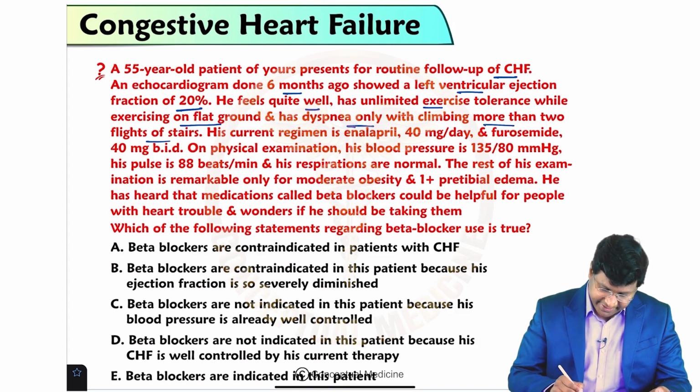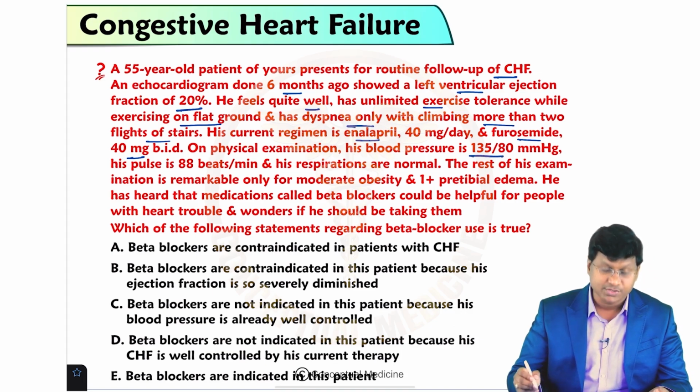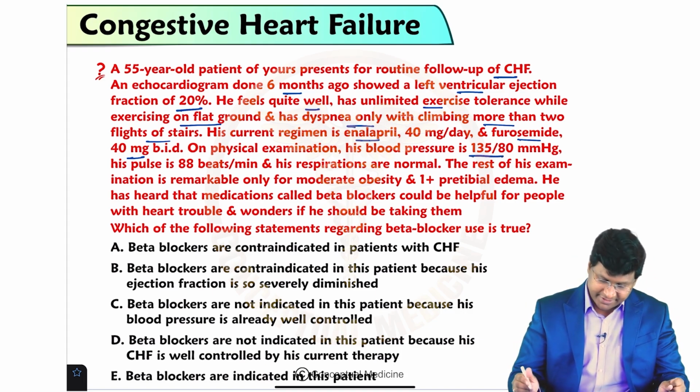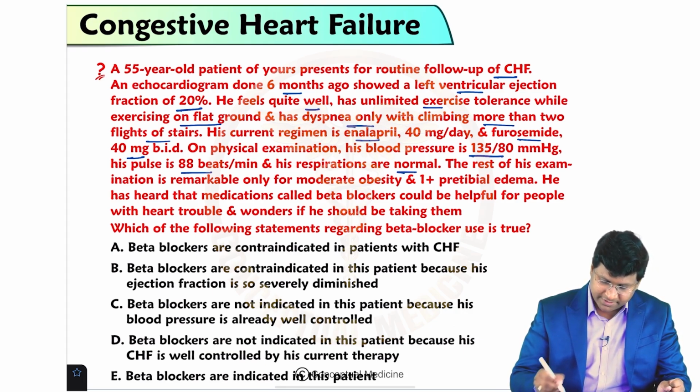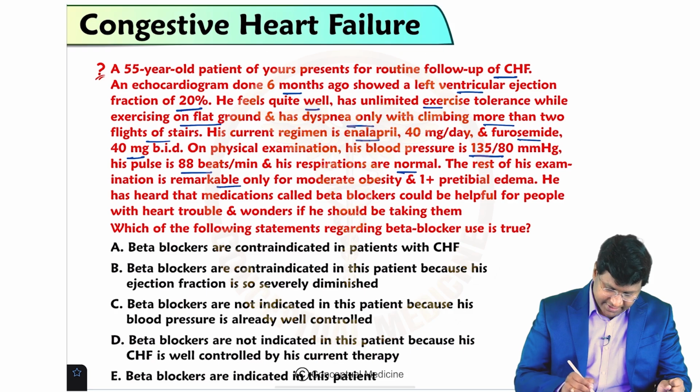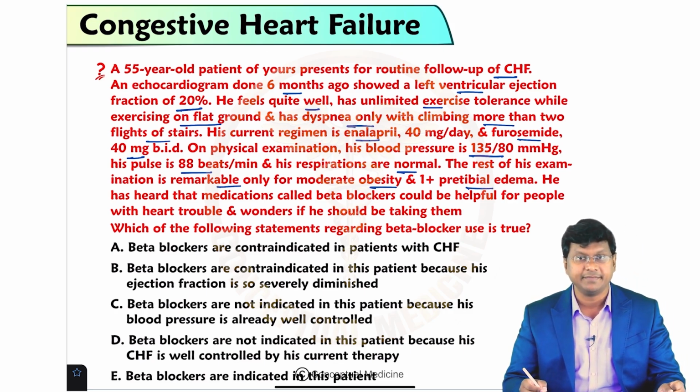His current regimen is enalapril 40 milligrams per day, furosemide 40 milligrams twice daily. On physical examination, his blood pressure is 135 by 80 millimeters of mercury. Pulse rate is 88 beats per minute and respirations are normal. The rest of his examination is remarkable only for moderate obesity and 1 plus pretibial edema.